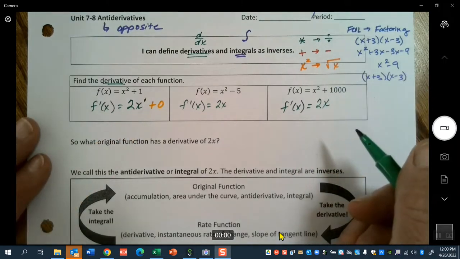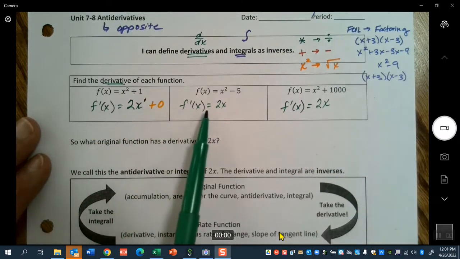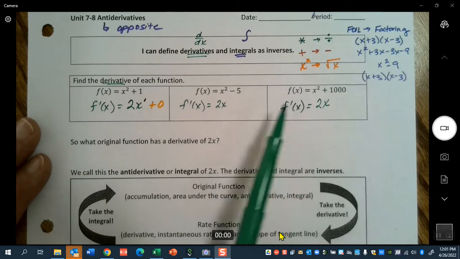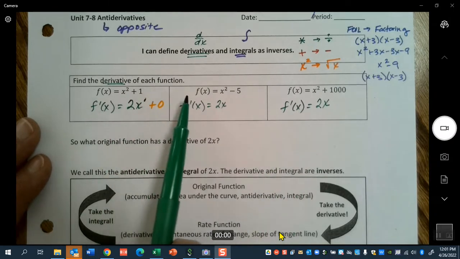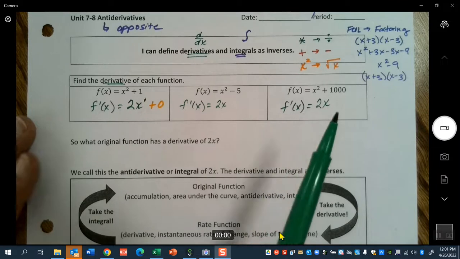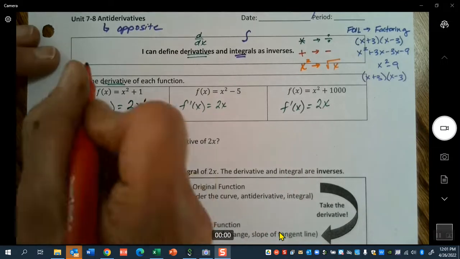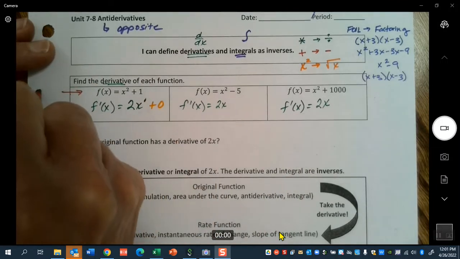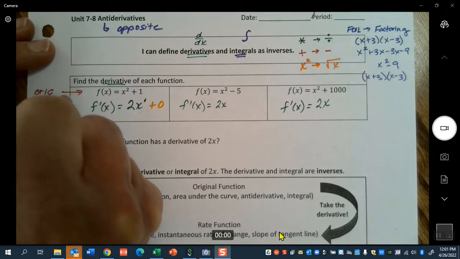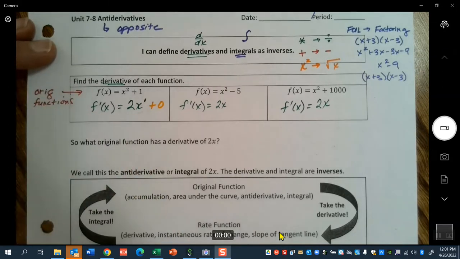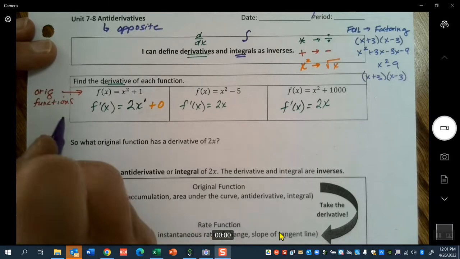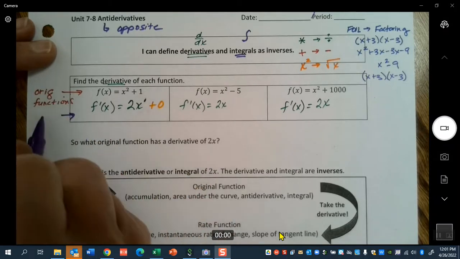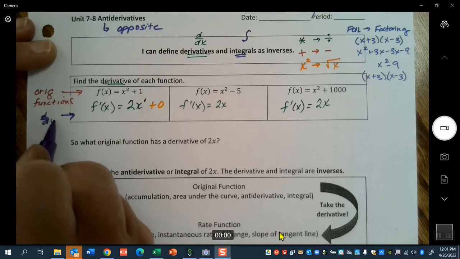So check it out. Each of these problems are different original functions, and each of these are my derivatives.